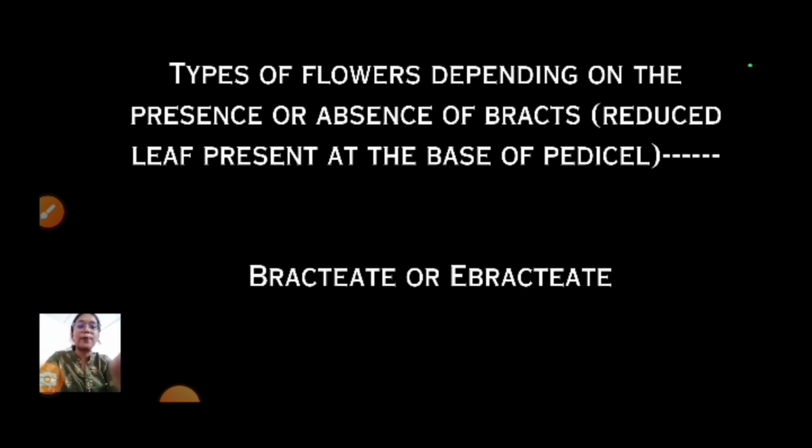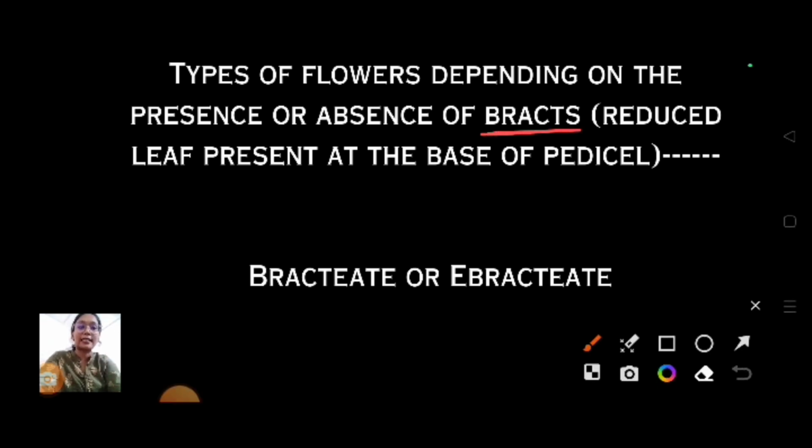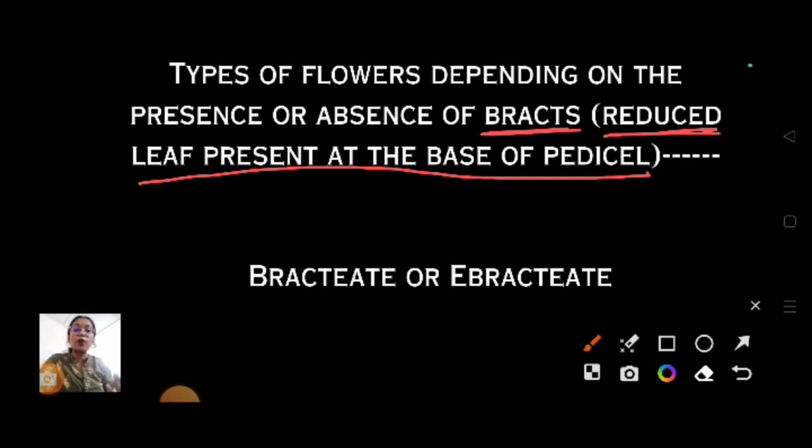Types of flowers depending on the presence or absence of bracts. Okay, bracts are reduced leaf present at the base of the pedicel. So the flowers which are having bracts are called bractate, and the flowers which do not have bracts are called ebractate. Means suppose you have a flower.